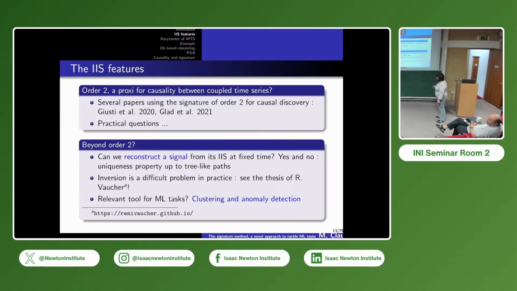And he wrote a nice paper about anomaly detection with kernels. Voilà, kernels, signatures and kernels are everywhere. So you can read this nice paper about anomaly detection and isolation forests using also the signature method.